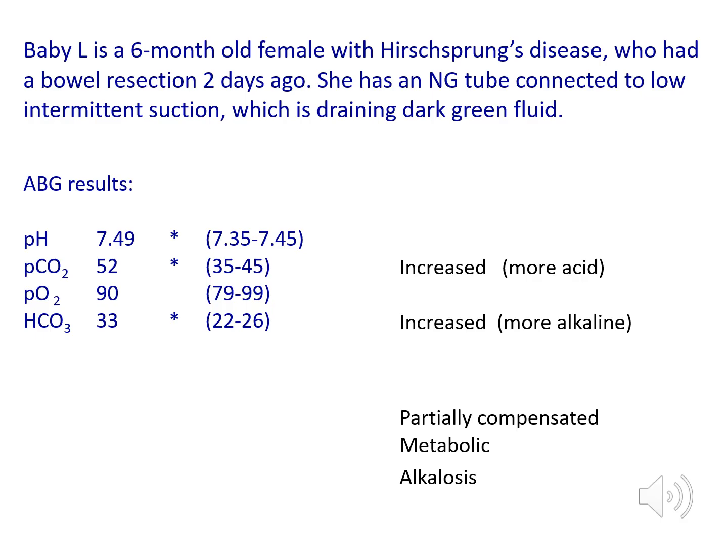But if you read the little story, it does make sense, right? Because here we have a baby who had bowel surgery and has an NG tube hooked to suction, and we're sucking all the gastric acids out of this baby, right? So it makes sense, doesn't it, that the baby is now in alkalosis because it's losing its gastric acids. Okay, also notice that we didn't even look at the PO2, right?